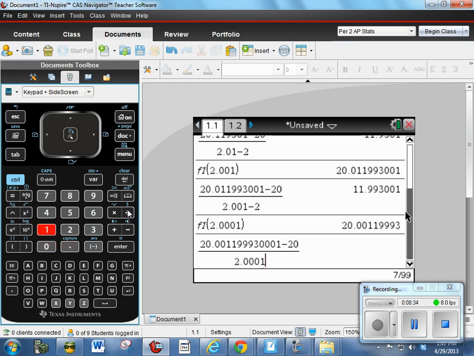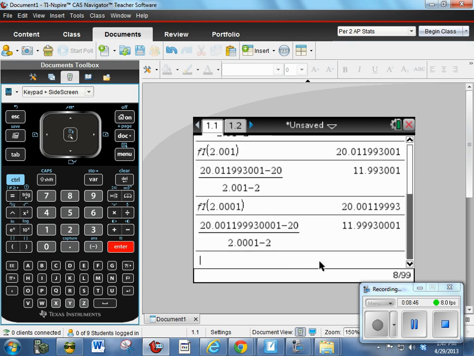Notice we're just picking points that are closer and closer to 2 in the x direction. We're finding the corresponding y value, and we're just finding the slope between those 2 points. And we notice that as we do this, the slope gets closer and closer to 12. Okay? That's what I want you to be noticing. The slope's getting closer and closer to 12.